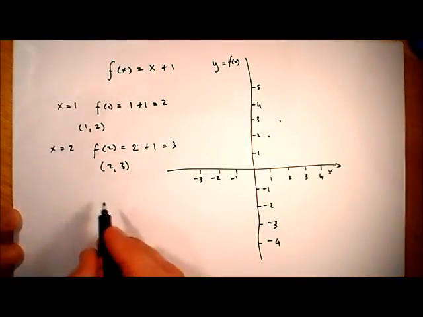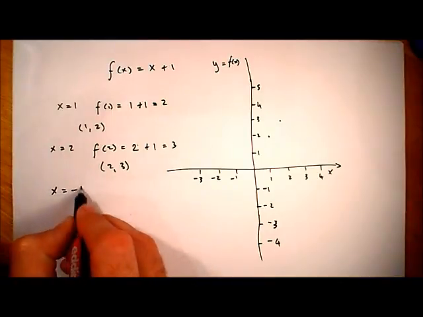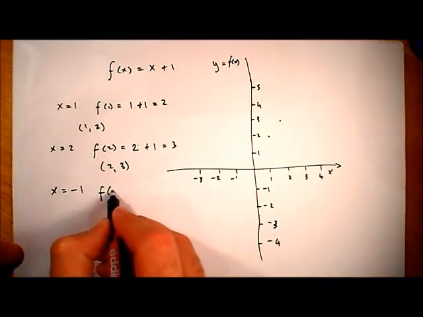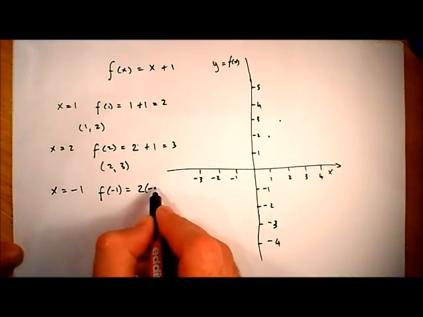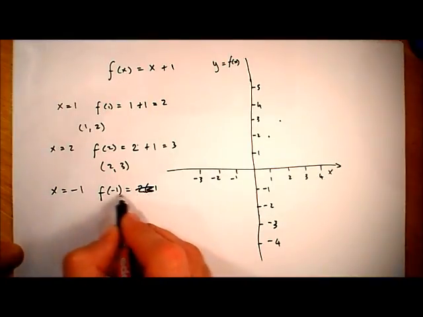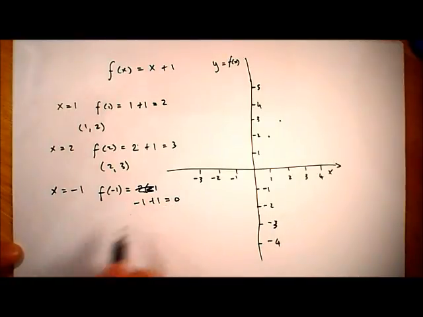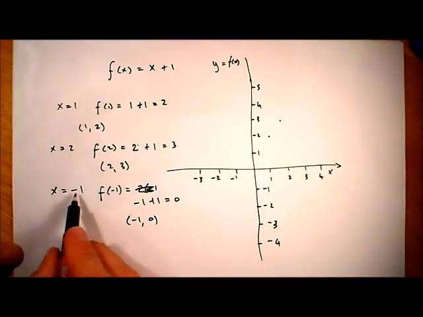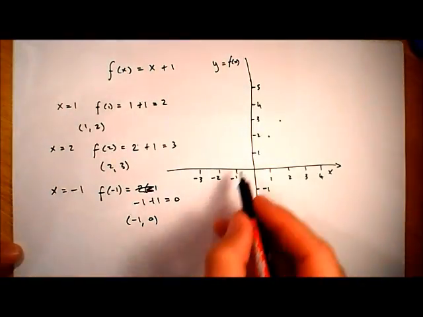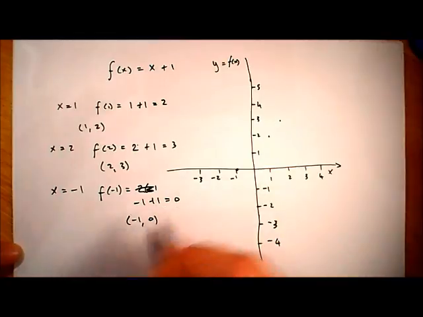So it's up here. We can fill in negative numbers. So let's say x is equal to minus 1. Then f of minus 1 would be minus 1 plus 1, which is 0. So that means the point (minus 1, 0) is on the graph of this function. So the point (minus 1, 0) would be around about here.